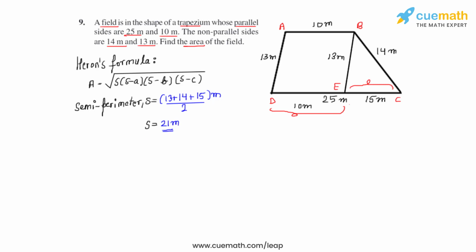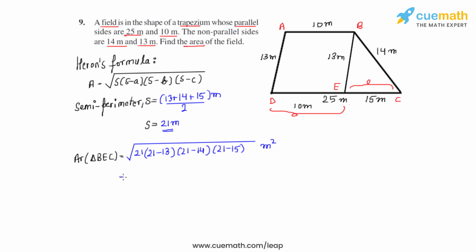Now that we have found the value of the semi-perimeter, let's start finding the area for triangle BEC by substituting these values back into Heron's formula. So we get under root 21 times 21 minus 13 times 21 minus 14 times 21 minus 15 meter square.